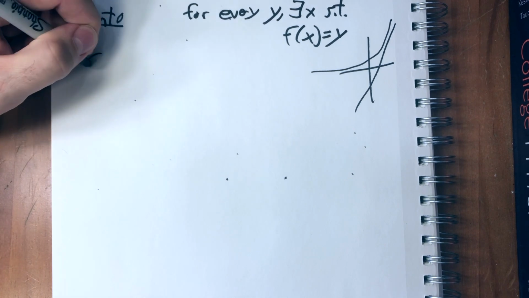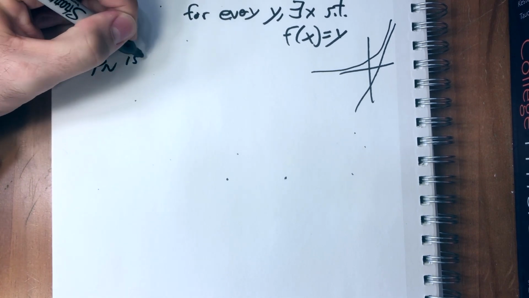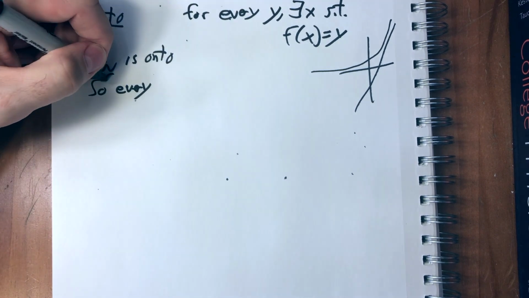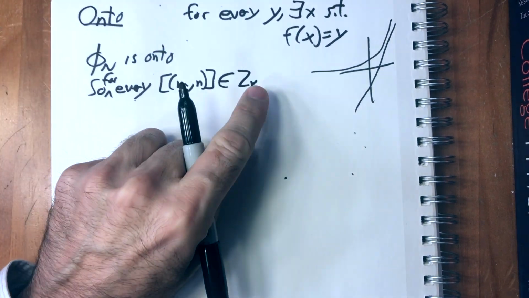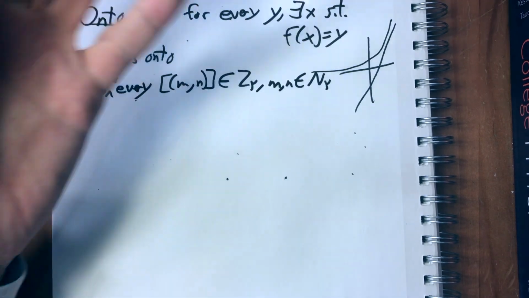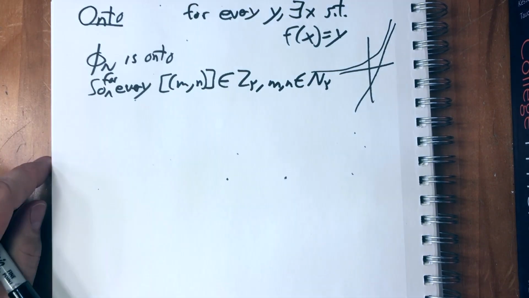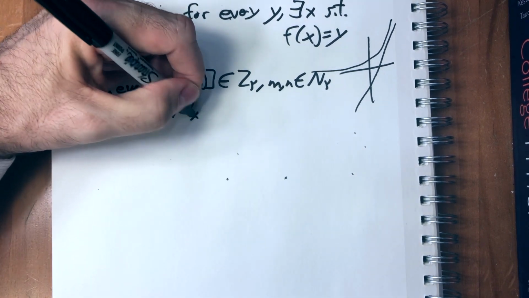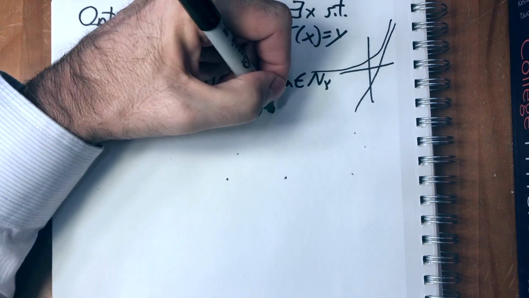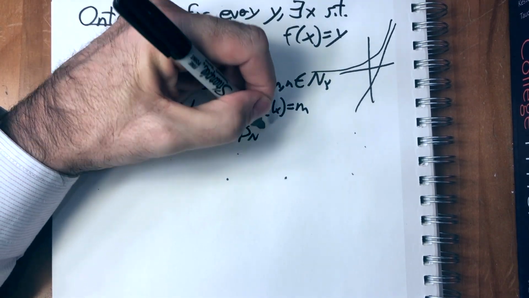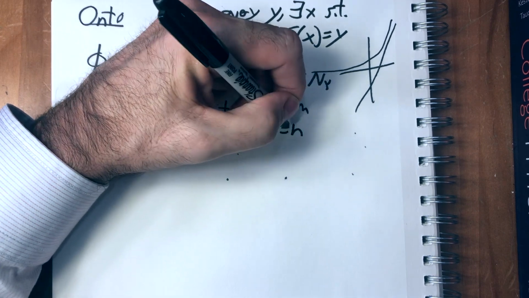Okay, so we know that phi of n is onto. So that means that for every mn in the integers in y, with m and n in the naturals in y, right? That should be obvious, but just to make it clear. There exists a kl in n in x such that phi n of k equals m and phi n of l equals n.